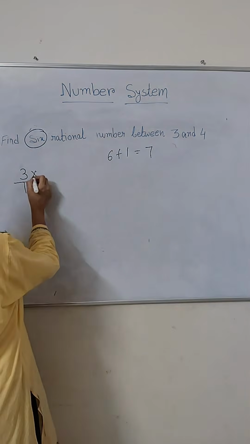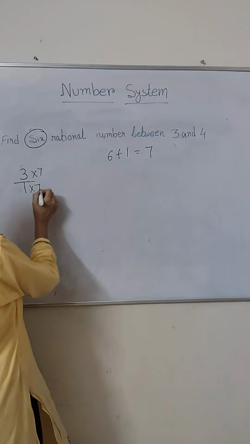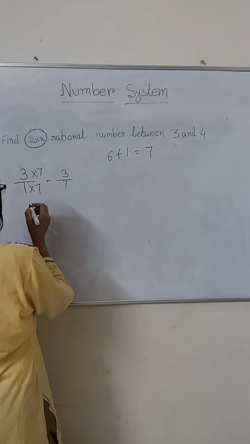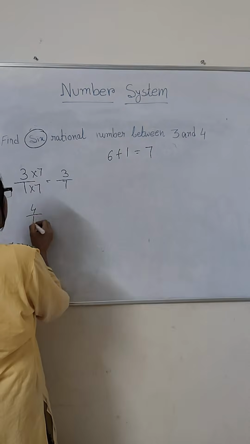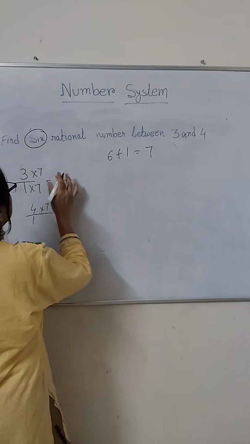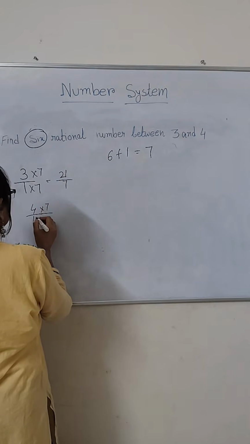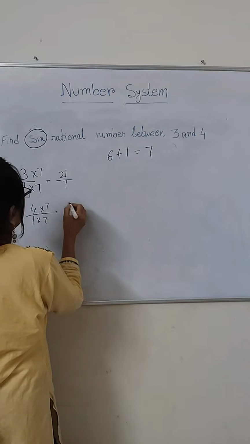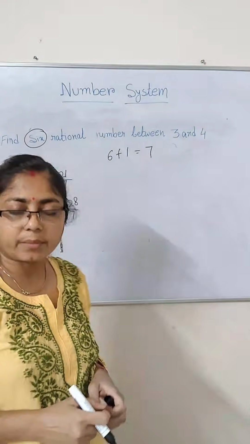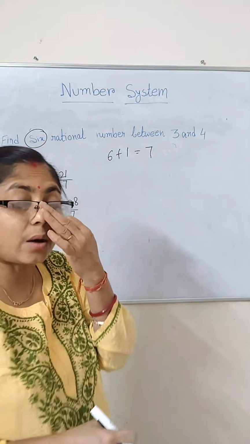Now I multiply 7. Now it is 21 by 7, and this is 4 by 1 into 7, 28 by 7. 21 by 7 and 28 by 7 is our range.